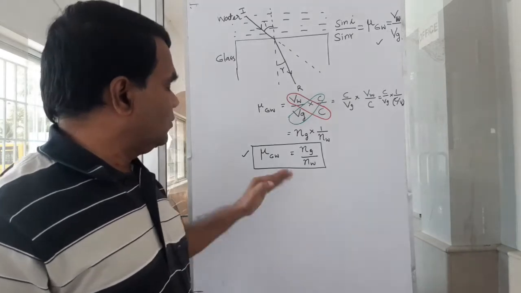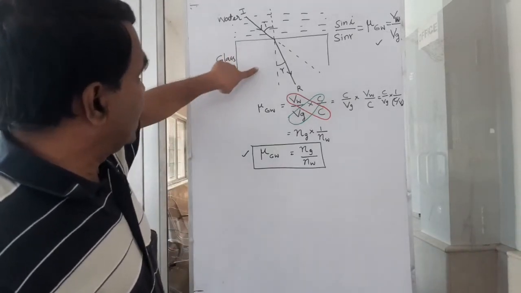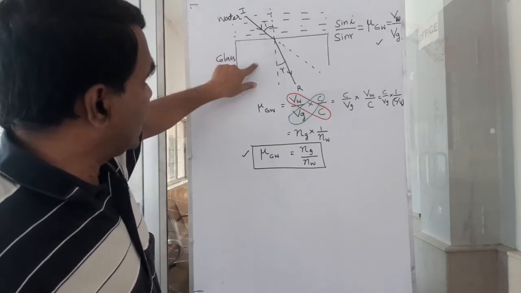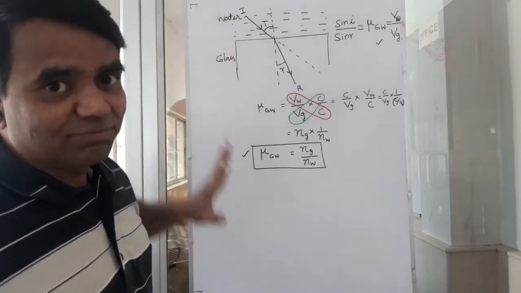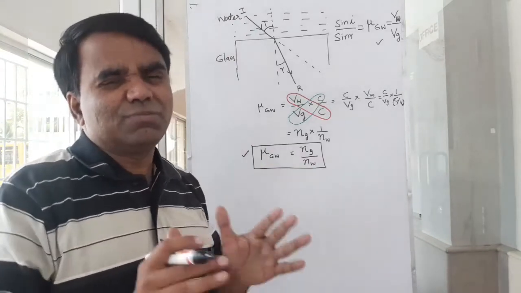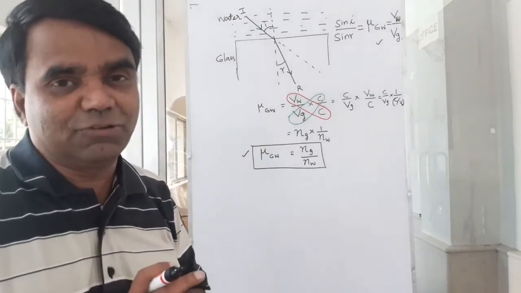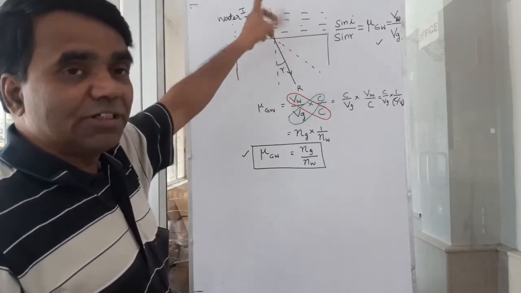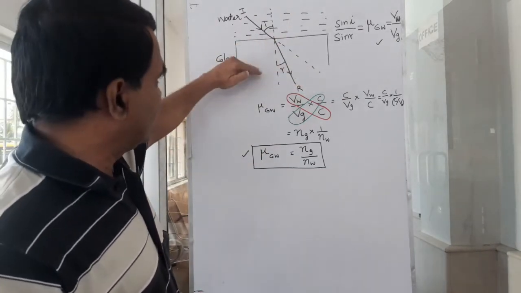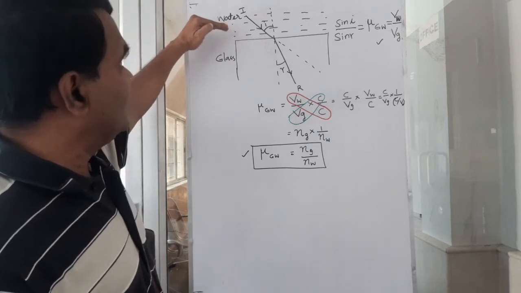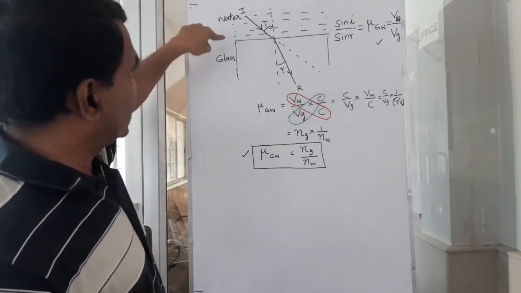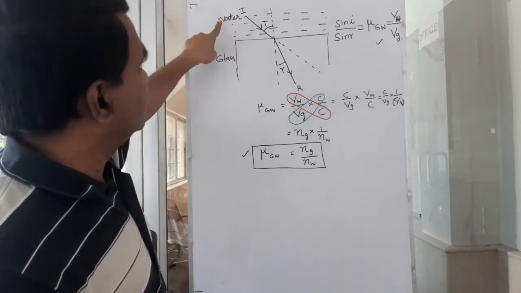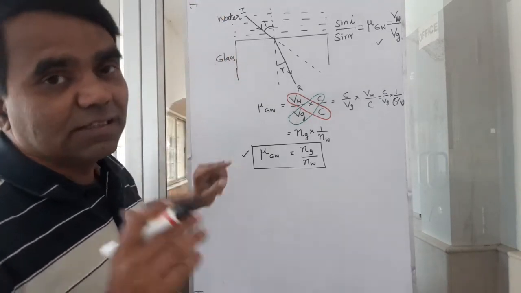So now the refractive index of glass with respect to water is simply the refractive index of glass divided by water. So this looks more natural if you think about it. In the first case, you are reversing the order. The refractive index of glass with respect to water was the speed of light in water divided by the speed of light in glass.